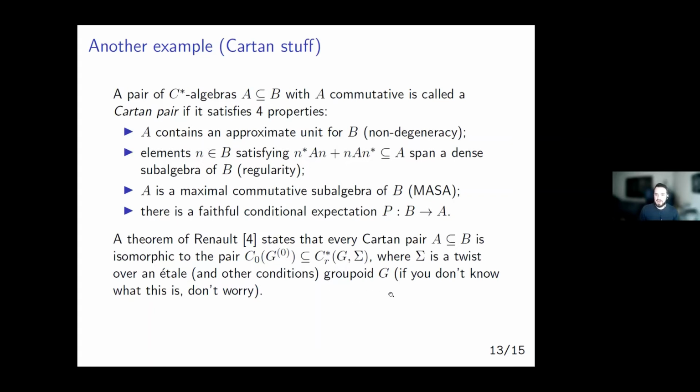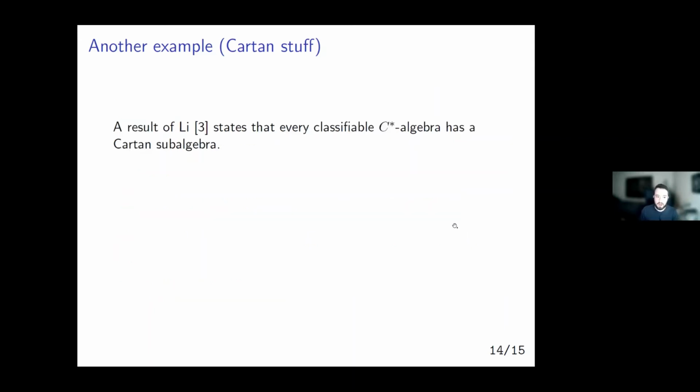So by itself, you might say, okay, you've got these weird abstract Cartan pairs of C-star algebras. Who cares about those? It turns out a lot of people do, because Xin Li showed in 2018, I believe, that every what's called classifiable C-star algebra has a Cartan subalgebra. The classifiable C-star algebras are, depending on your idea of size, either a very large class or a very small class of C-star algebras.